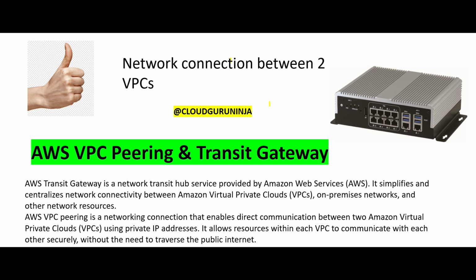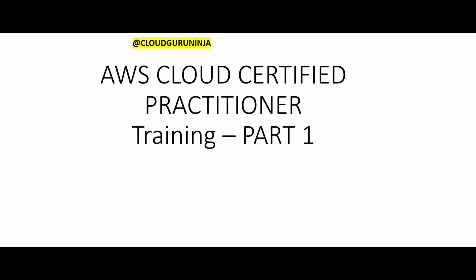Then you have transit gateway. It is like a network transit hub service. It's like one big hub which can help you connect with VPCs, on-premises networks, other networks, and so on. Okay, so we will end this training session part 1 here.